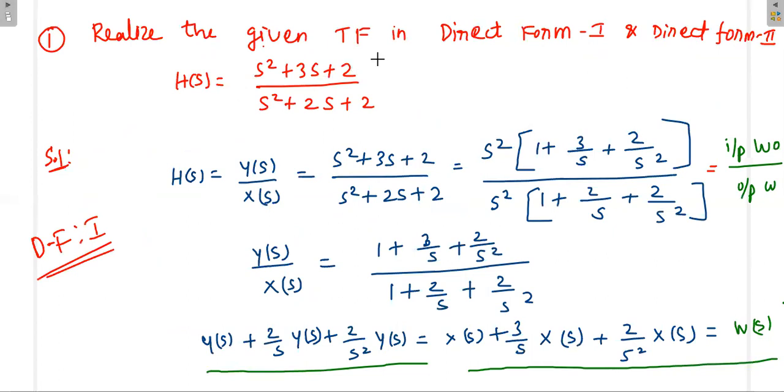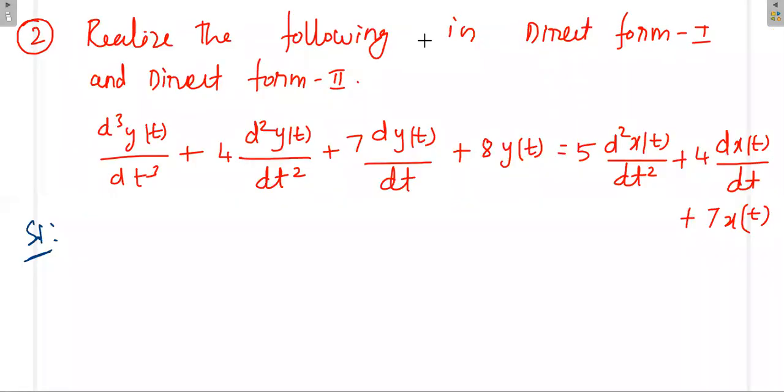Okay, next question. Realize the following in direct form 1 and direct form 2. Now the transfer function is not given directly, it's given indirectly with the help of a differential equation. So take the Laplace transform of this differential equation.